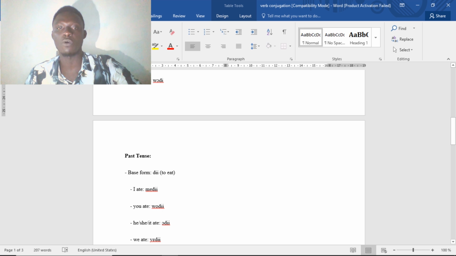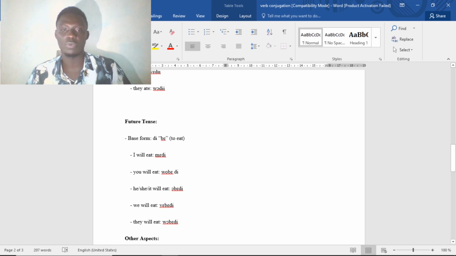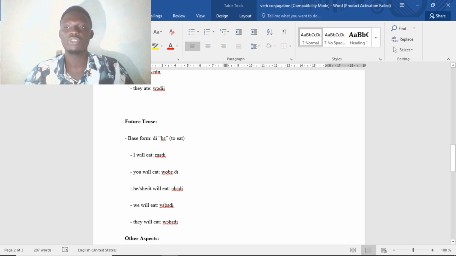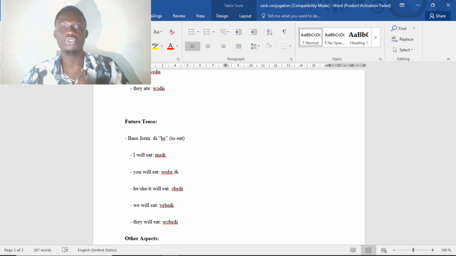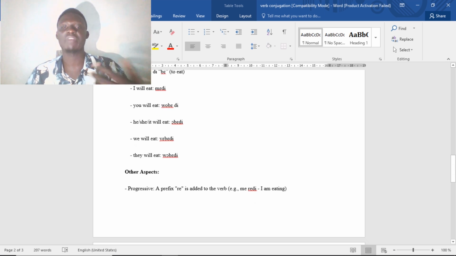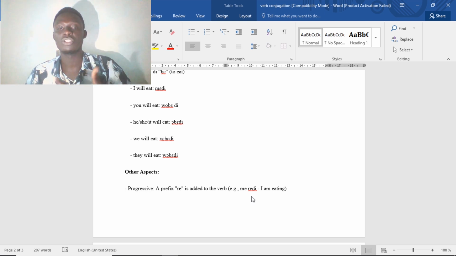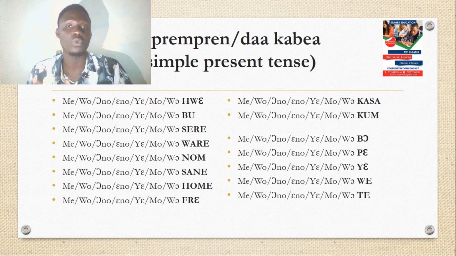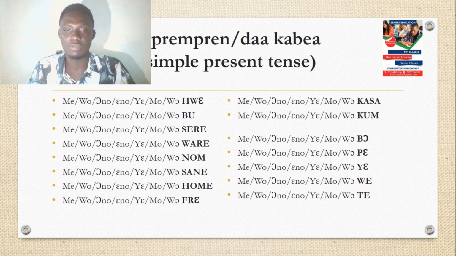Remember, in its past form we double the vowel, in its future form we add be to it, and the be begins with you, he, we, they, except I. So we add the be in between the pronoun and the verb, and in its progressive form we add re to it. And this rule applies to all the verbs. But if the verb ends with a consonant, we do not double the last letter.